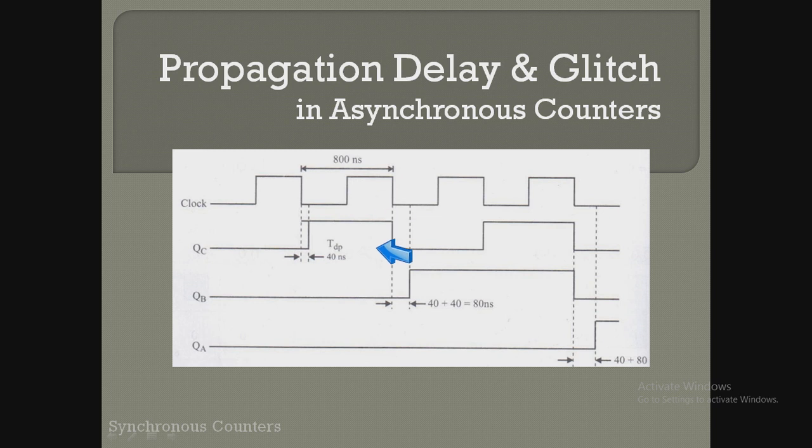Our last flip-flop will be delayed by one complete clock cycle or even more relative to the actual clock pulse. Similarly, an unwanted pulse is also generated, which is known as a glitch. So these are the two major problems in asynchronous counters. We will remove them in today's study.